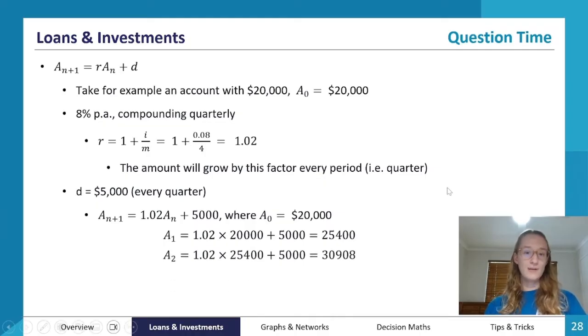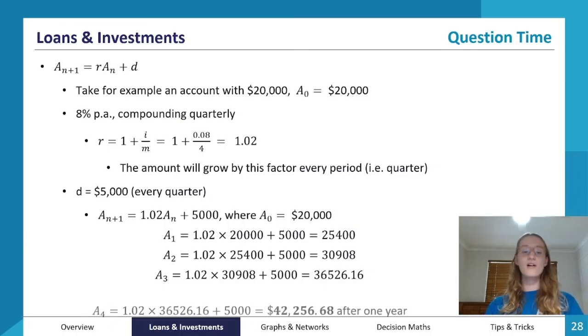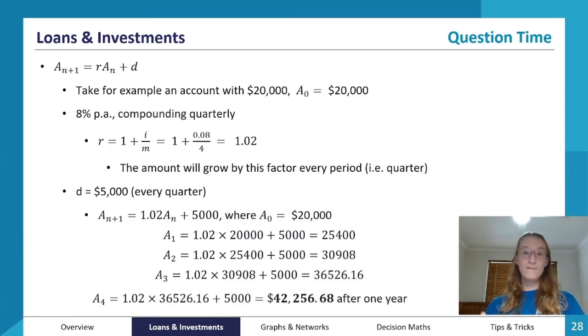And if we apply the formula again to get A2, we'll see that we have $30,908, and then A3 after a third quarter, and then A4 after a fourth quarter.